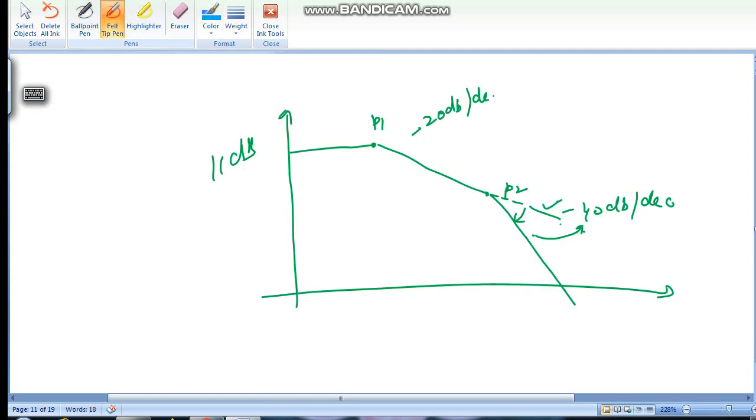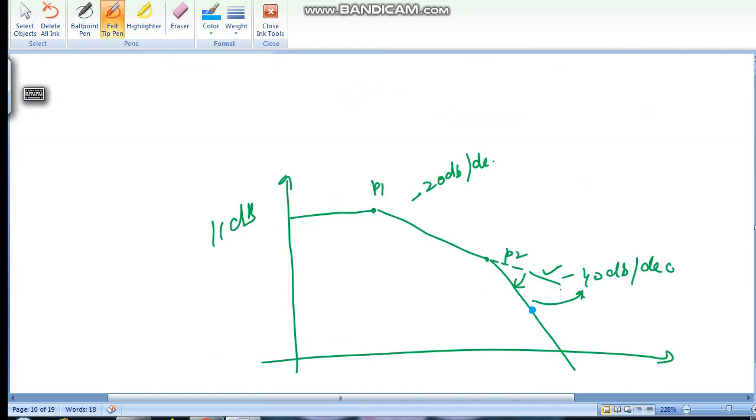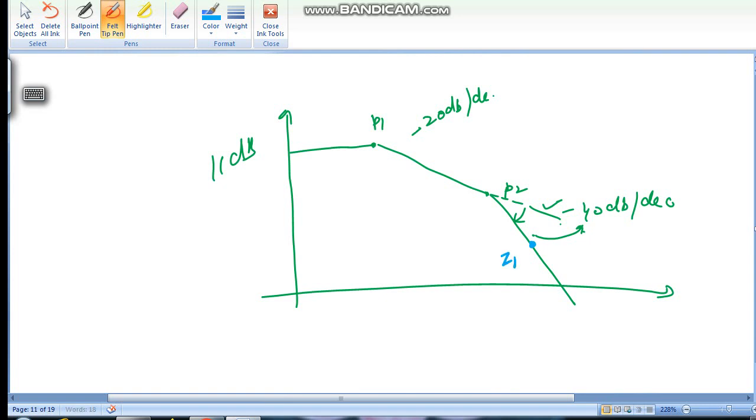Now suppose you put a zero, Z1, at this point. It will give you a positive 20 dB, so it will move the plot like this, and this is again minus 20 dB per decade. How? You have a roll off of minus 40 dB due to P2.